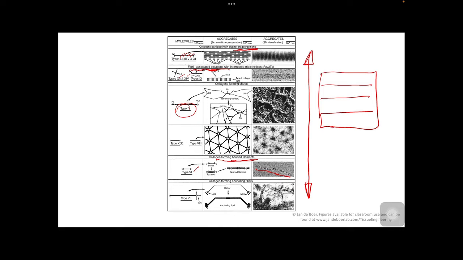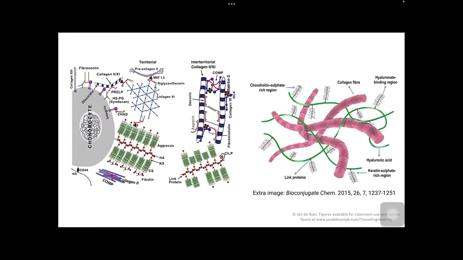So it's quite interesting to say the least. The structure and the architecture of cartilage.